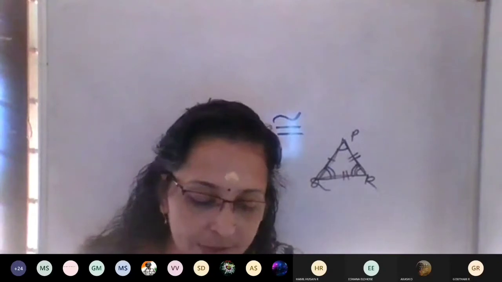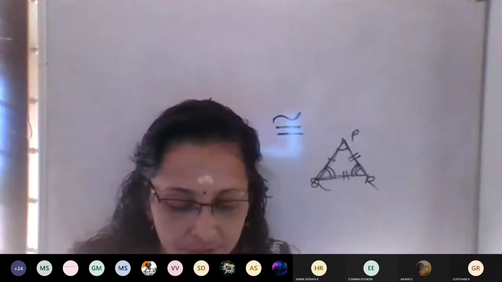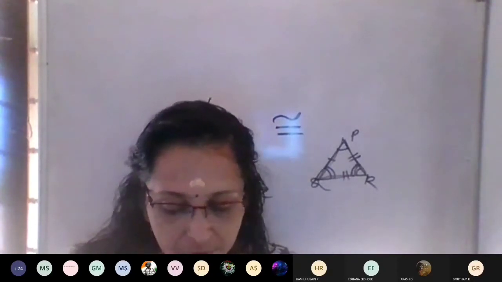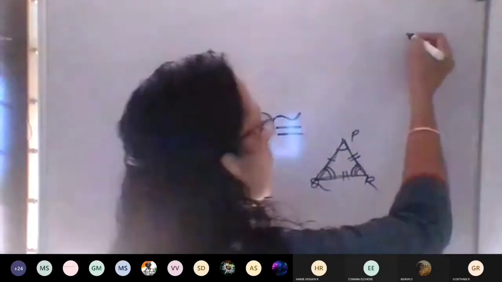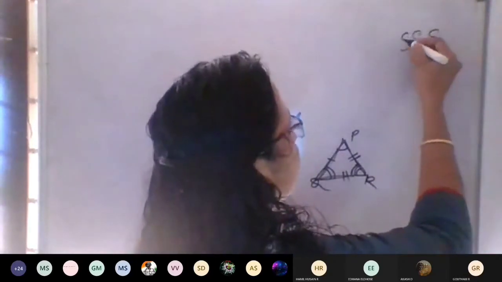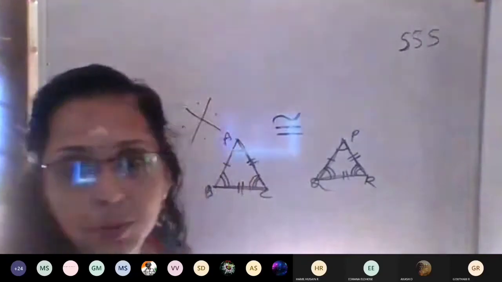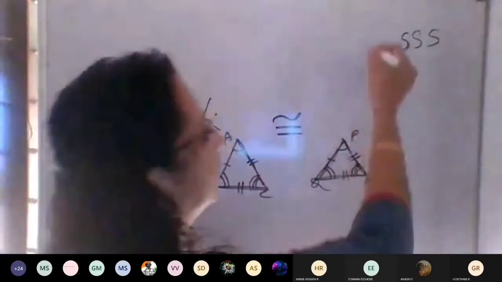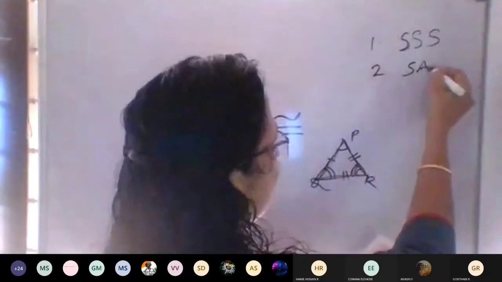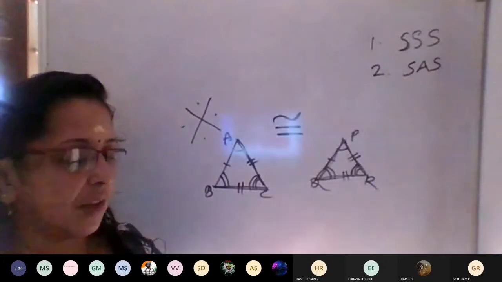Then conditions for congruency of triangles. Which are the three conditions? Check it. First one, SSS. This we need for problems. Second one, mark it, SAS. After that, I will explain.